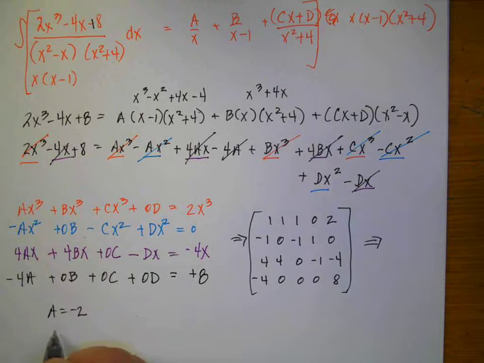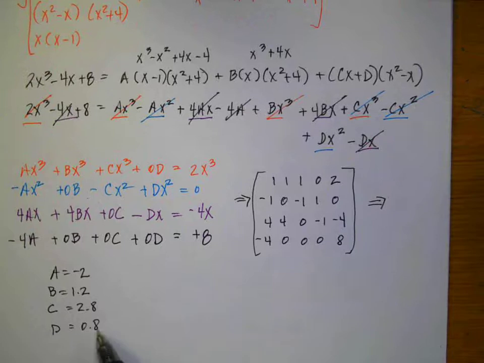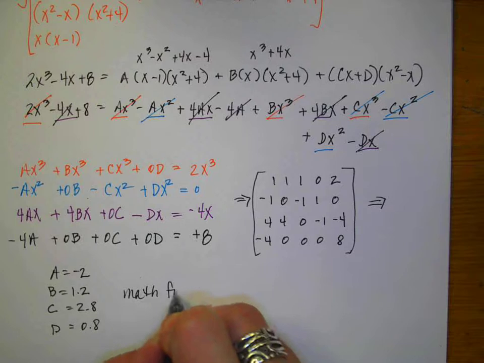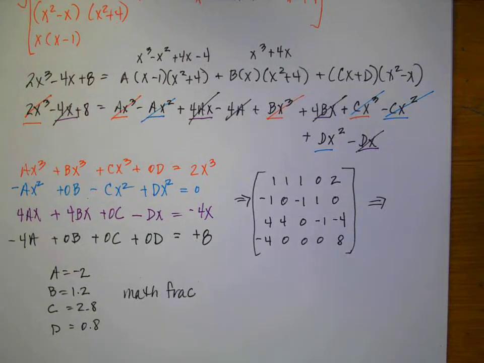Because if you enter it badly, then you're going to get bad answers. So then I get A is negative 2, B is 1.2, C is 2.8, D is 0.8. If you wanted these values in fractions, remember that you can use math bracket, and that will turn them back into fractions, but it's six of one, half a dozen of another.